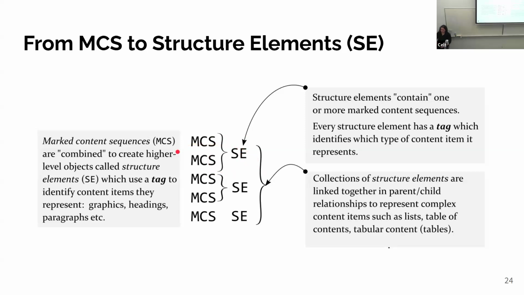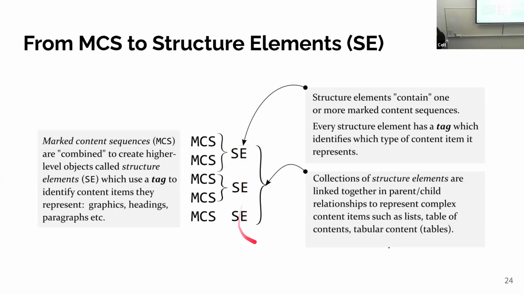So the graphics, the headings, the paragraphs, etc. These structure elements contain one or more marked content sequences. So you see, it's not a one-to-one relationship. It's actually an n-to-one relationship. Every structure element has a tag which identifies which type of content item it is representing.